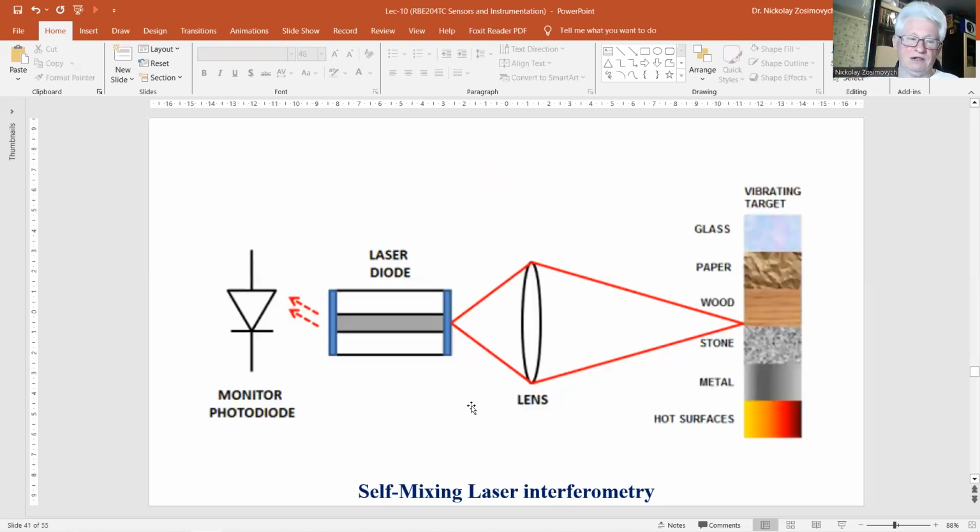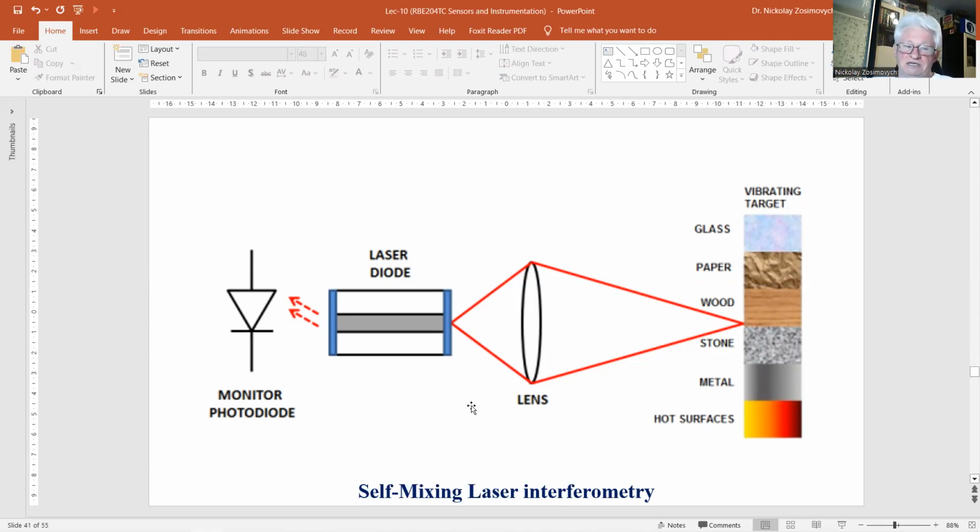Various optical velocimeters are based on self-mixing interferometers. Self-mixing is obtained by optical feedback. Part of the laser light is fed back via an external reflecting surface into the laser cavity.